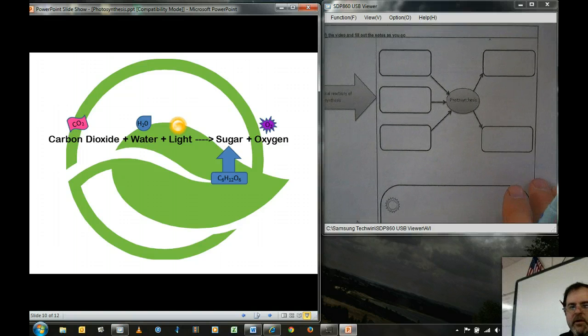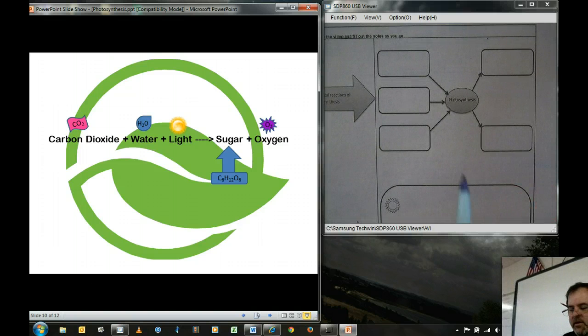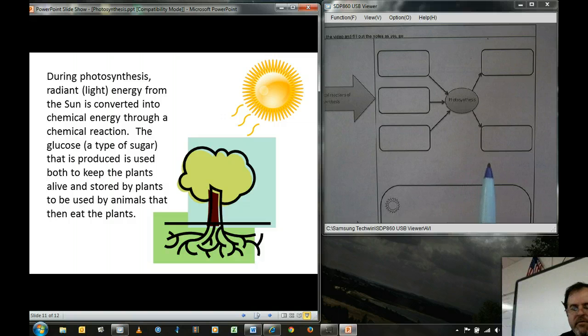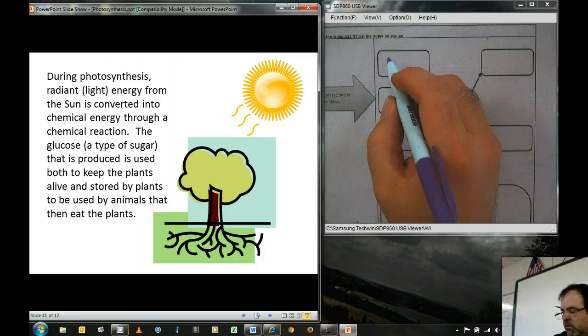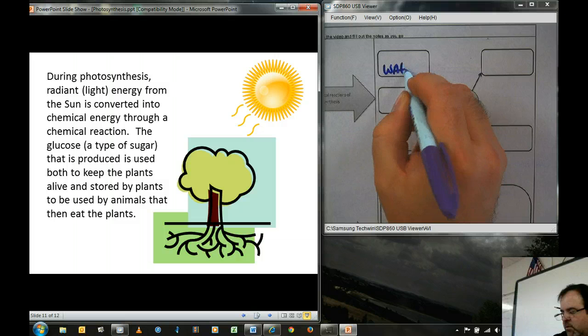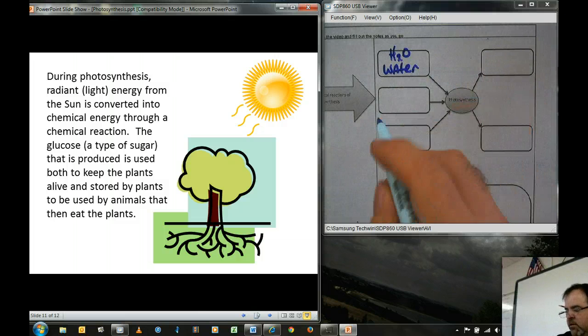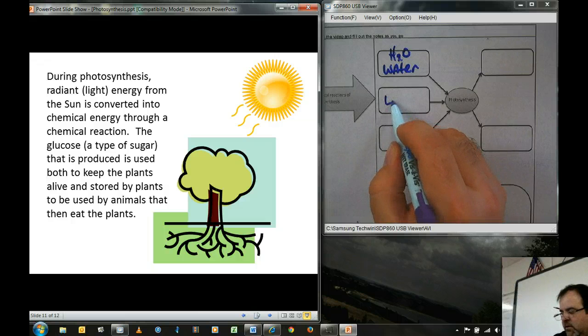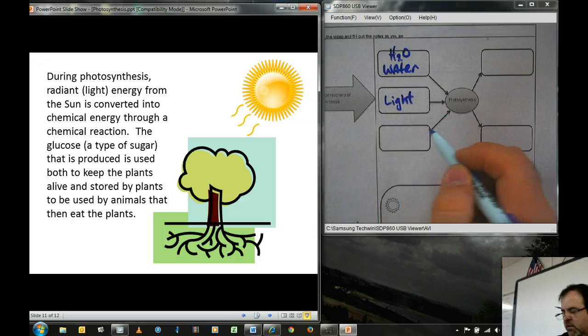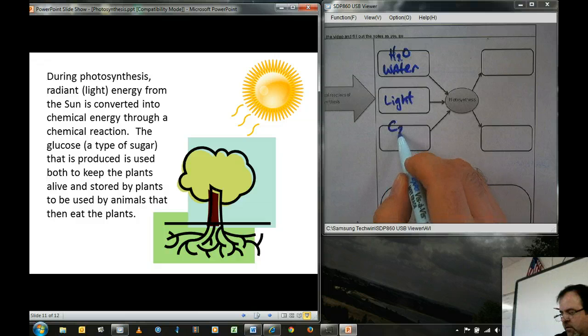Another way to look at it is like this, where we have water, otherwise known as H2O. We have light, and we have carbon dioxide, CO2.